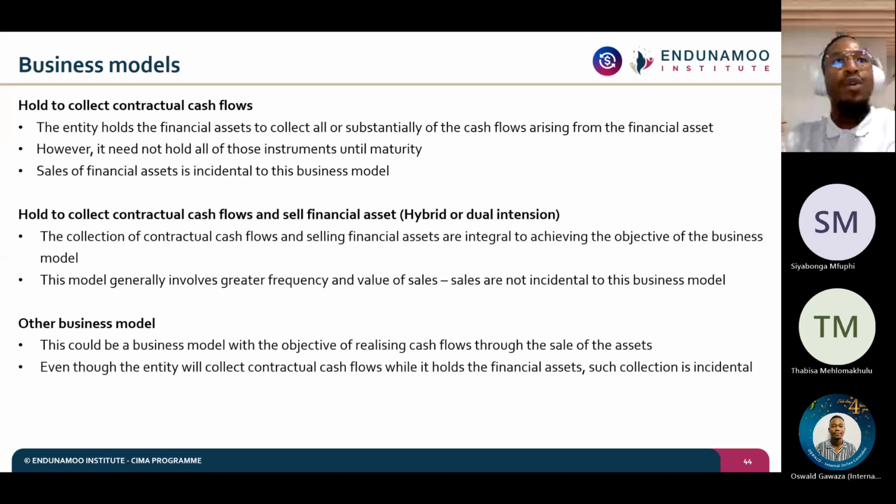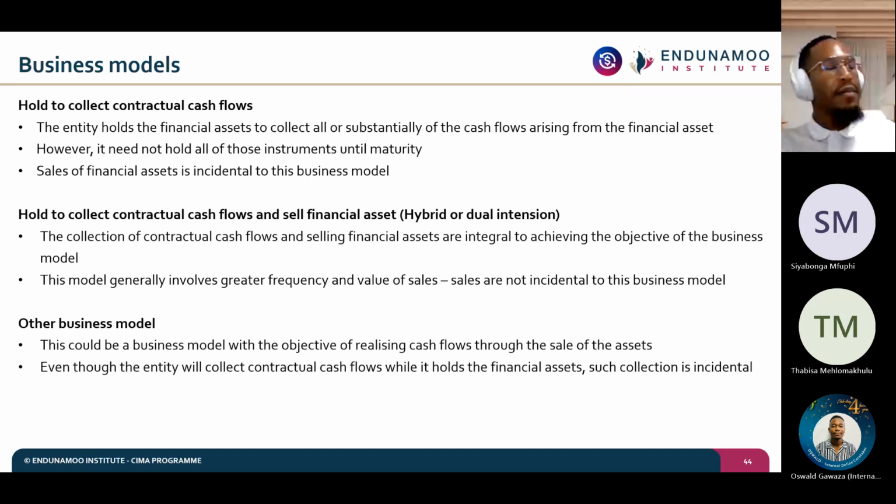At the core of your business model, you are still holding this portfolio of financial assets to collect contractual cash flows up until the maturity of these financial instruments, or up until the debtors settle the debt altogether.